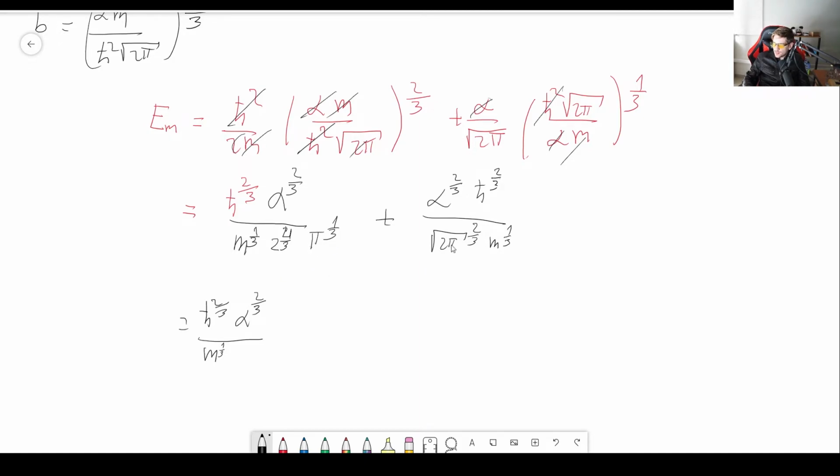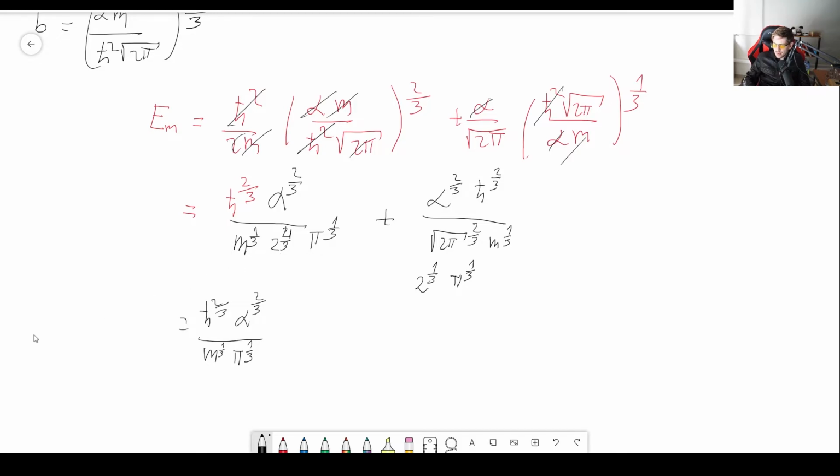All right, so if we write it as square root of 2 pi to the 2/3, let's see. Actually, I think it's easier to do it the other way around. So turn this separately. So this would be 2 to the 1/3 and pi to the 1/3. Just double checking. Yes. So this means that we can pull out pi to the 1/3, but then we have 2 to the 1/3 here, and here we have something else.